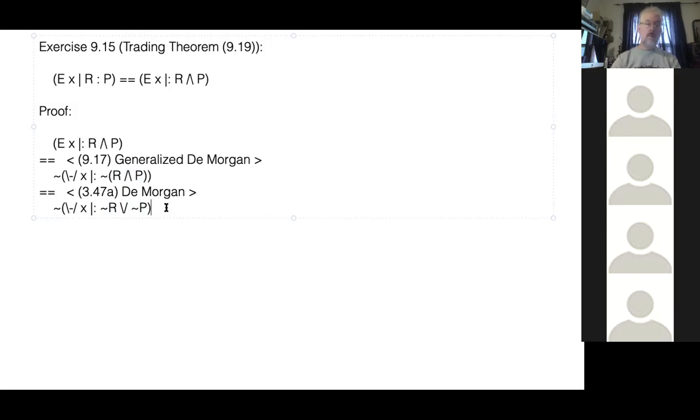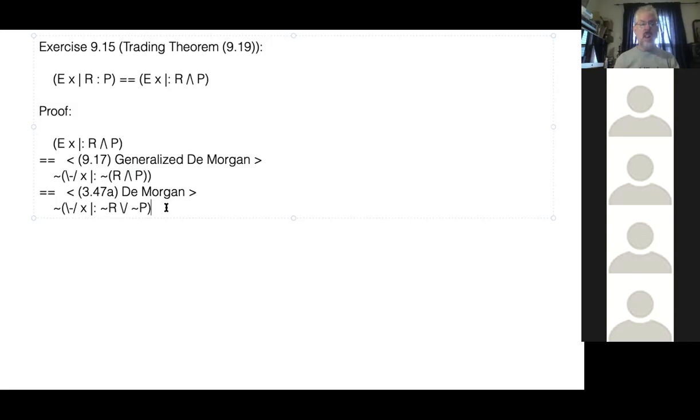Now, we're trying to prove a trading rule about exists, which means we're likely to need one of the trading rules about for all to get there. And there's a bunch of them, right? I mean, there's Axiom 9.2, there's 3 versions in Theorem 9.3, and there's 4 versions in Theorem 9.4. So many possibilities.